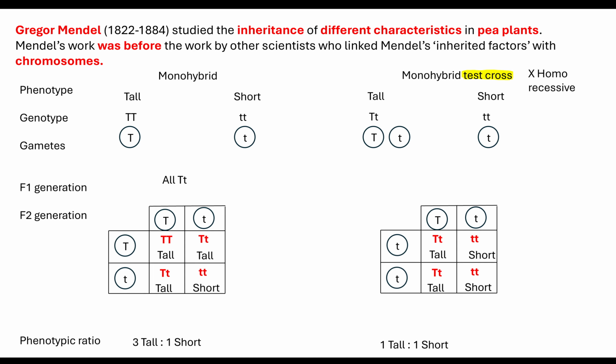Instead of a 3 to 1 ratio like we had with heterozygous and heterozygous, we get a 1 to 1 ratio. So if we get 1 to 1 tall to short, rather than all of them being tall, that indicates that our tall plant had to be heterozygous for that allele.